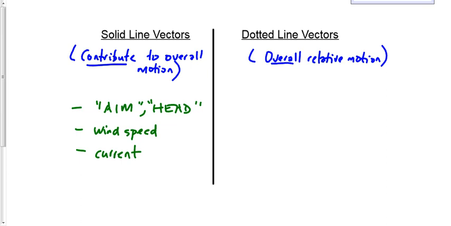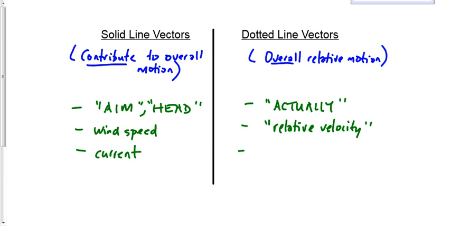Whereas my dotted line vector, my overall motion, my relative motion, a question might say, where do we actually go? What's my relative motion or my relative velocity?